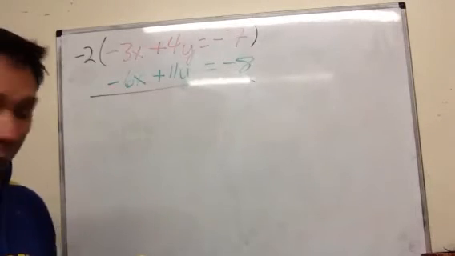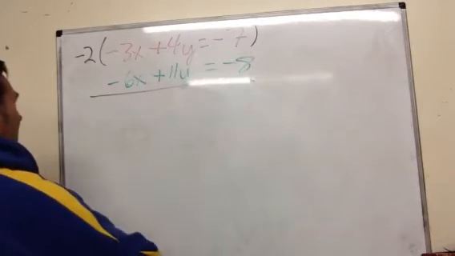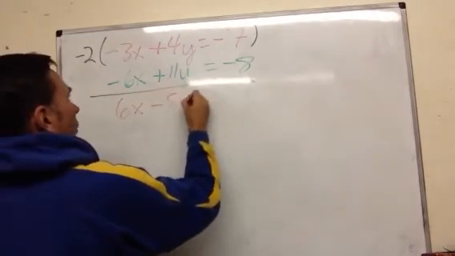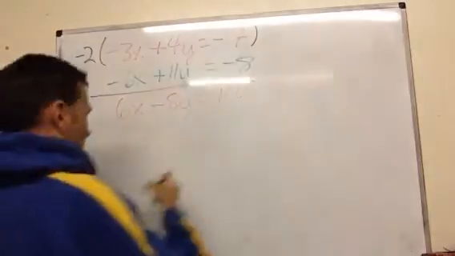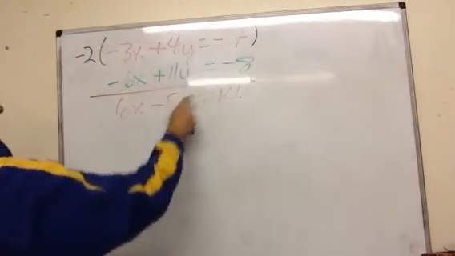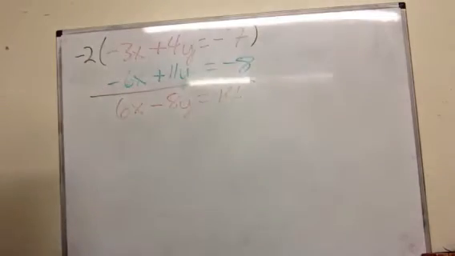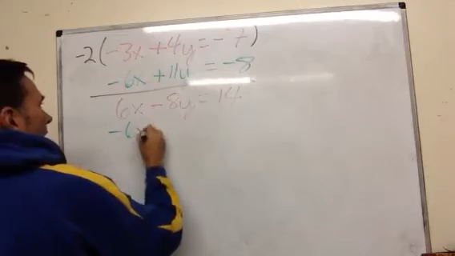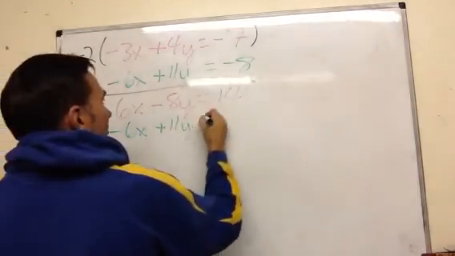Now, my new equation is positive 6x minus 8y equals 14. Again, I doubled everything and I changed the sign because I multiplied by a negative number. Bottom equation doesn't have to change. I have my opposites.